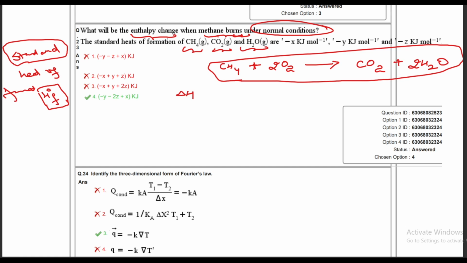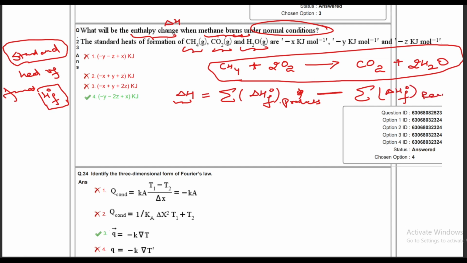So you have to consider that. And then enthalpy change, that is delta H, you can calculate by the difference: sum of standard heat of formation of products minus sum of standard heat of formation of reactants. Clear? That's it.